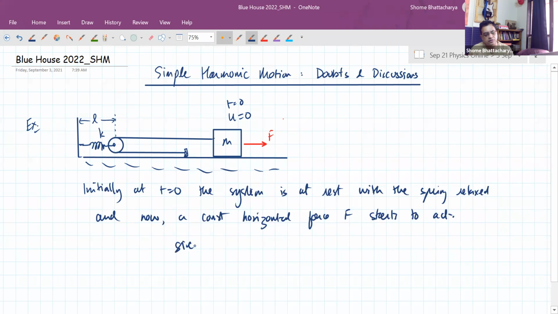So given that the spring constant is 4 newtons per centimeter, the mass of the block is 2 kg, and the constant force we are applying is 3 newtons.